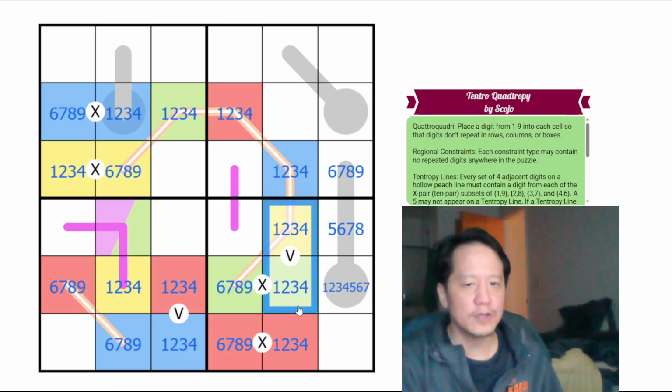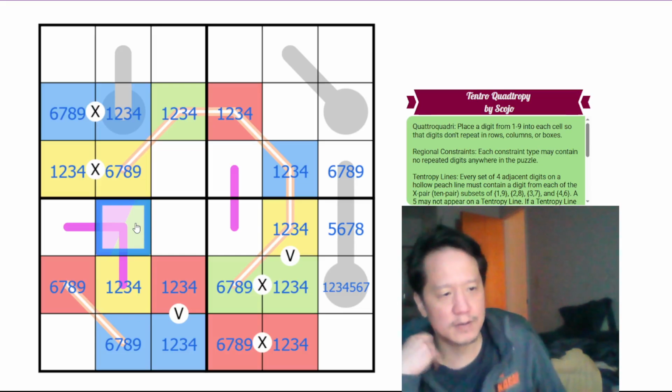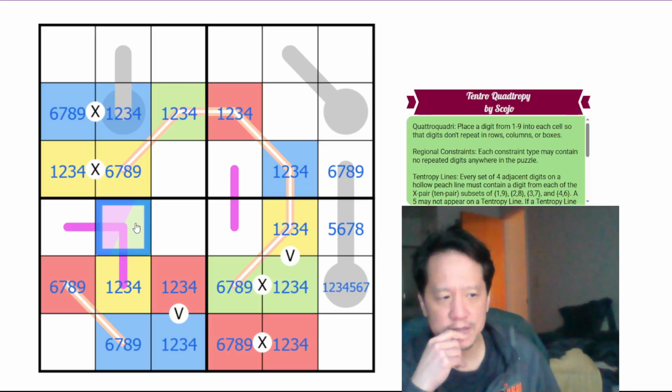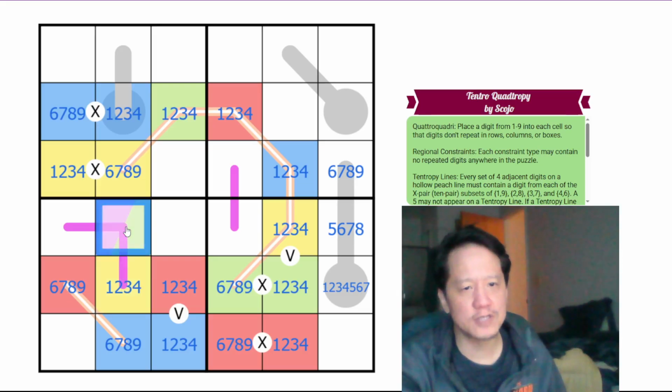So the only way yellow can be consecutive with green on a 3-length Renban would be if, well, it'd have to be 2 and 3. Okay, so that doesn't work. So this cannot be green here.